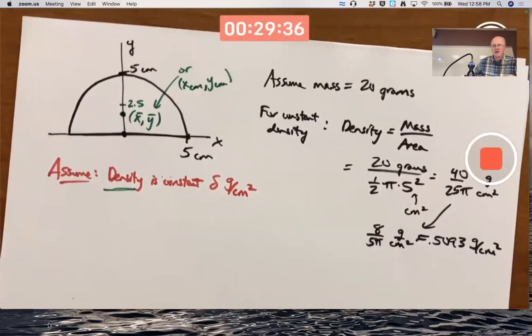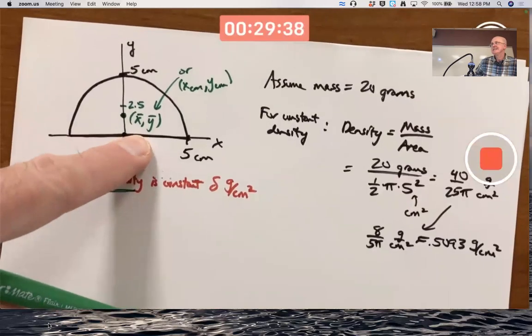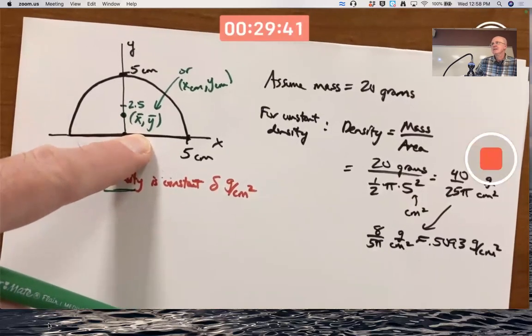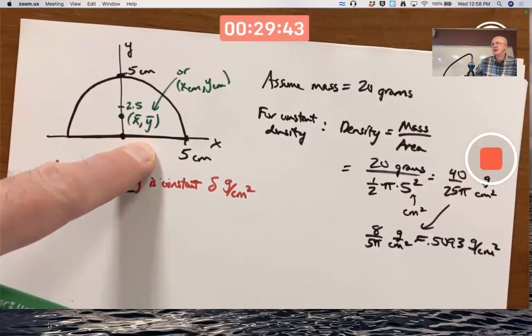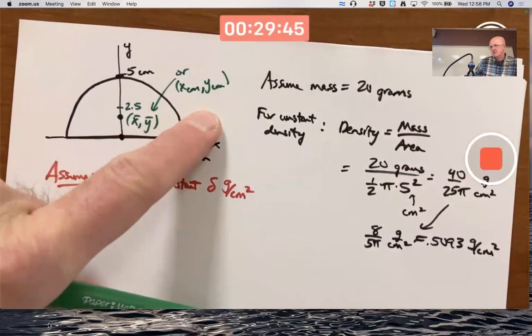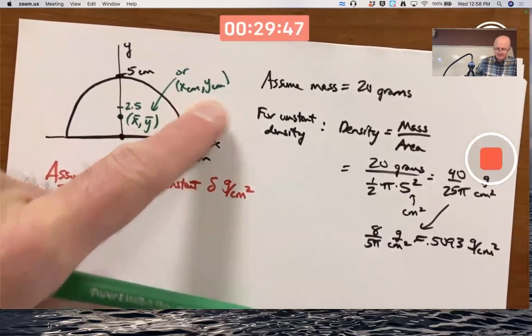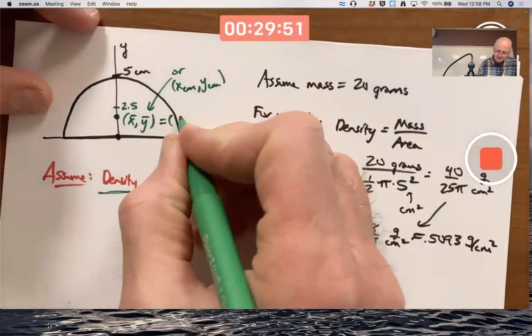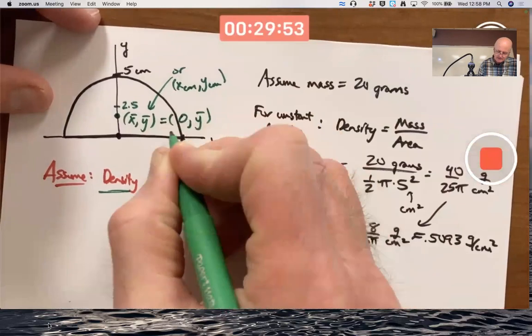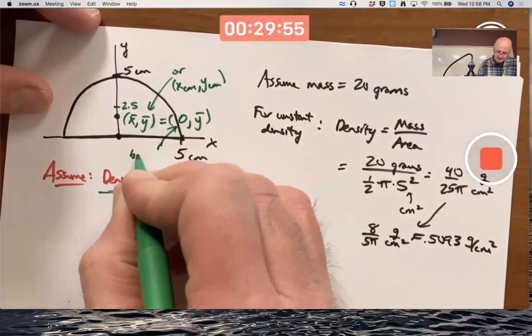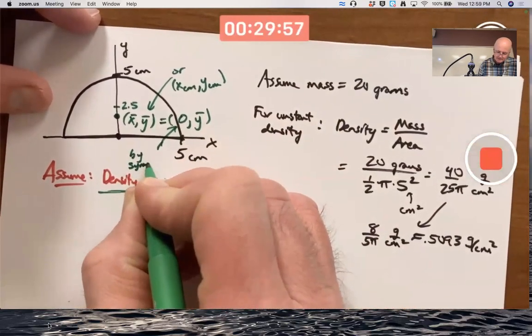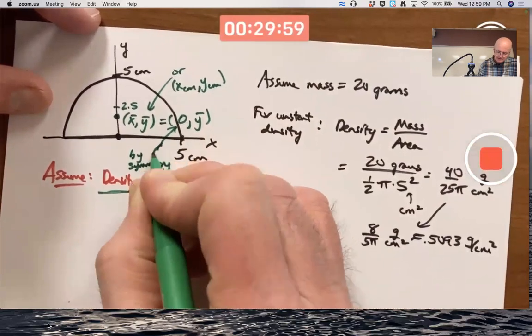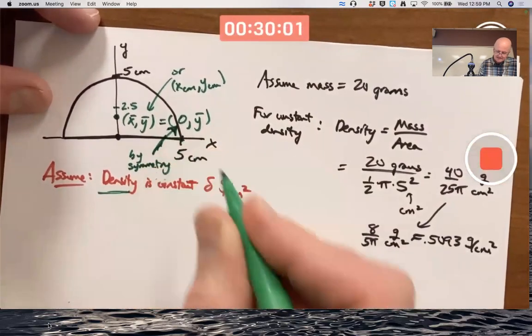Centers of masses are kind of like means in statistics, and that's why people sometimes use this notation. Other people just use the CM notation. And x bar should be 0 by symmetry, and you can just say that, because the density is constant.